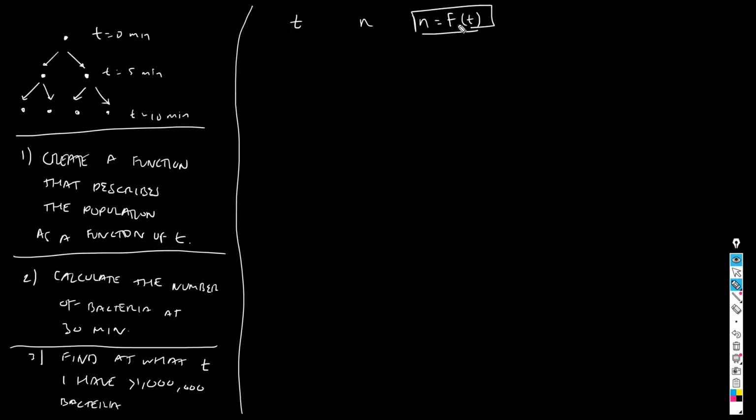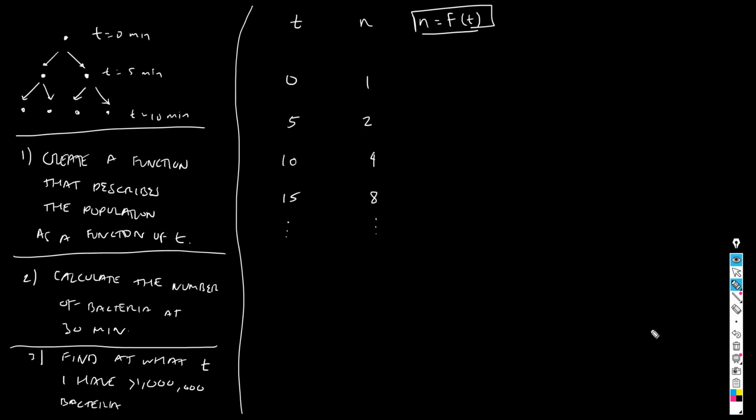Now, what type of function describes this behavior? Let's find out. At time 0, let's suppose we have only one bacterium. At time 5 minutes, we have 2. At time 10, we have 4, at 15, we get 8, and so on.